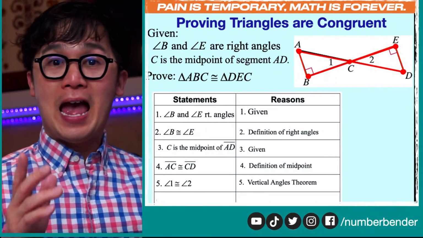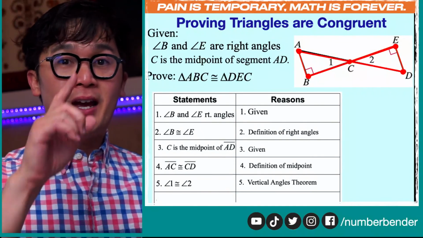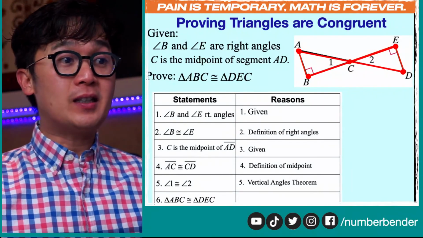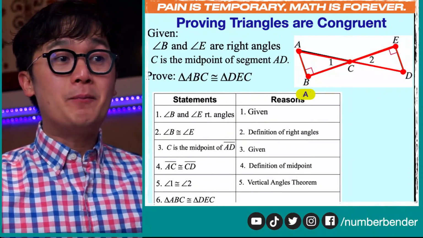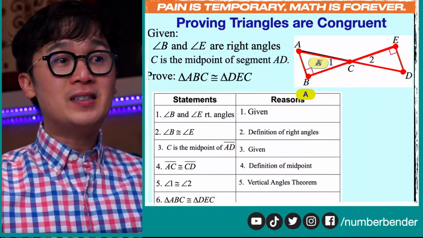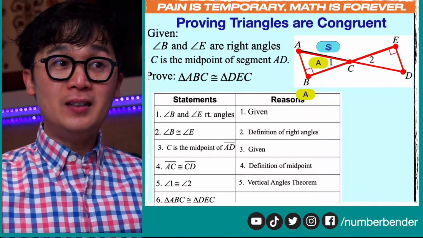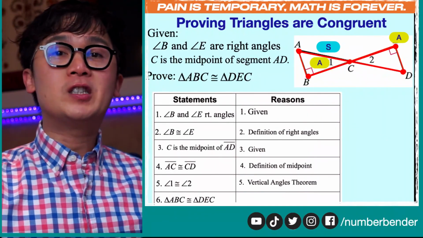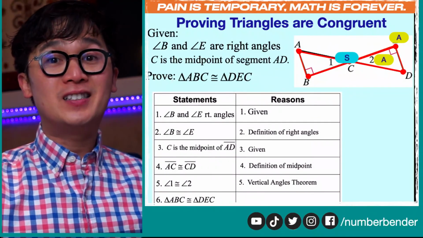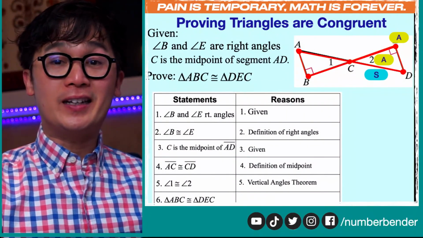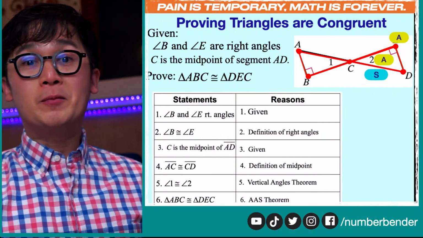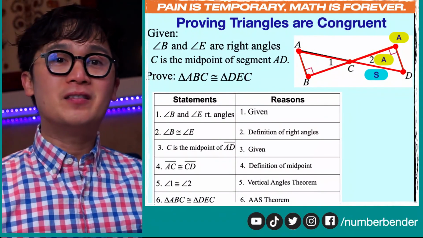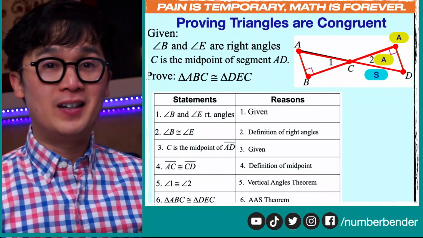And by having those items in our pattern, we can say that triangle ABC is congruent to DEC because this angle and this side are congruent to the corresponding angle and side of triangle CED. So we're able to prove using the AAS theorem that we have two congruent triangles.